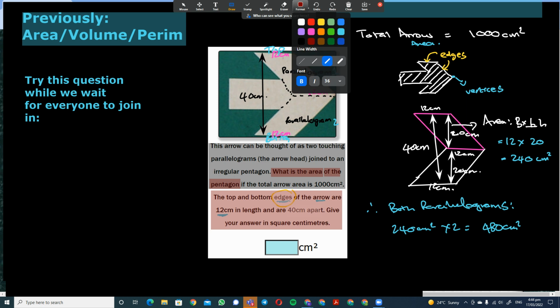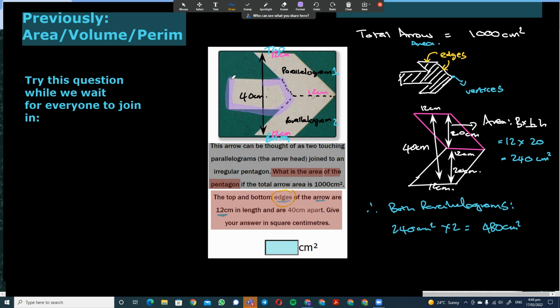Where is the pentagon? The pentagon can only be this part over here, but does it have 5 sides? Let's check. 1, 2, 3, 4, 5. Yep, it's a pentagon. A pentagon has 5 sides. So if I want to find that area, which is the remaining area over here, I have to take my total area and subtract 480.